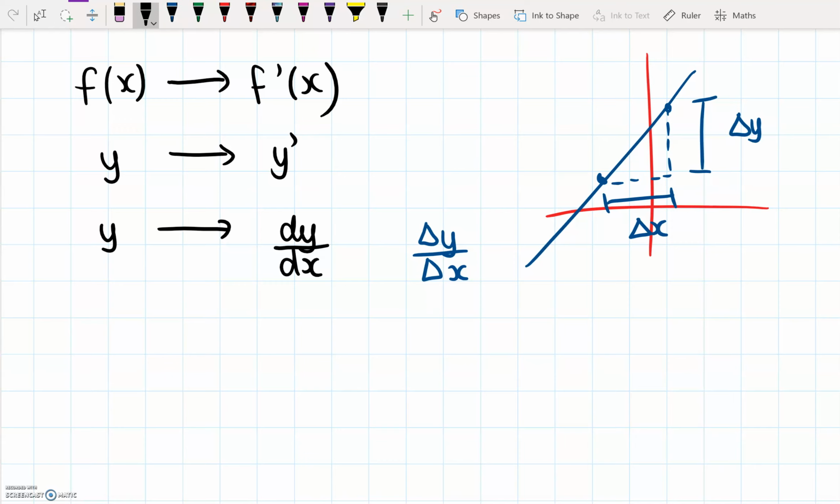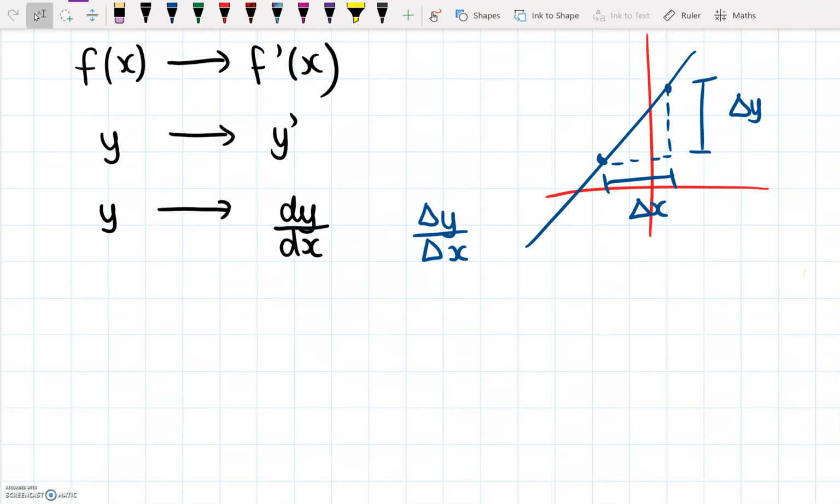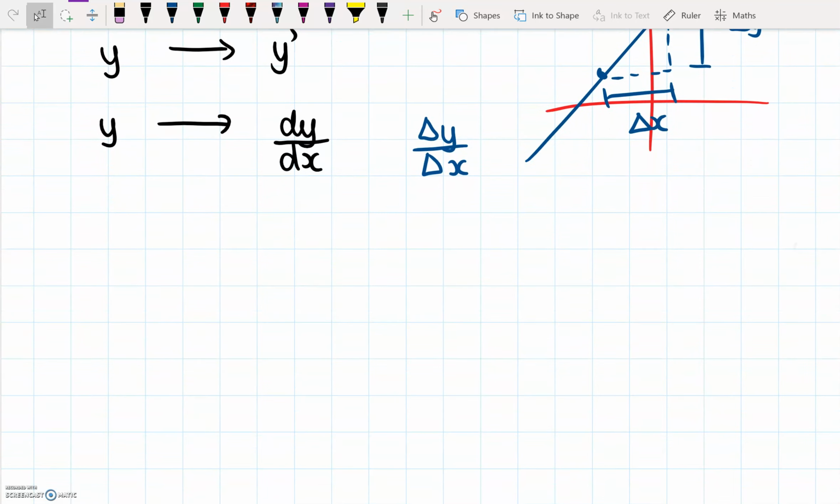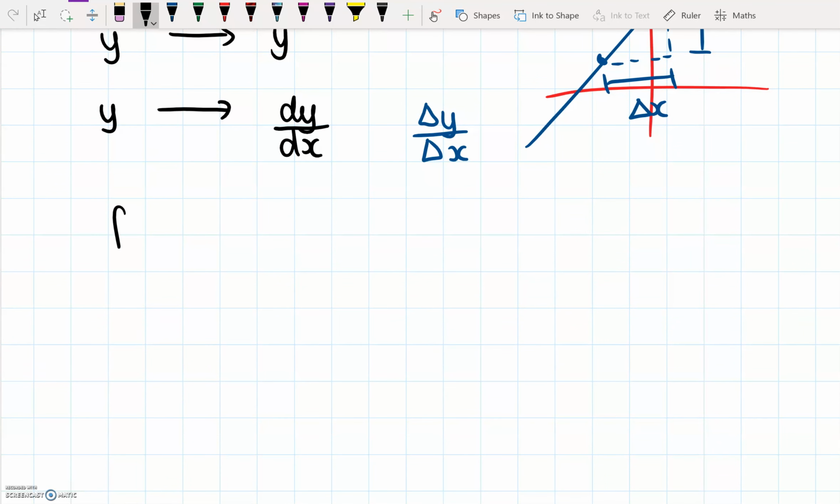The next thing is I want to talk about what the chain rule is used for. Normally we have been working just with functions. So for example, function of x equals x squared. This is a function. The chain rule is used when there is a function inside another function.